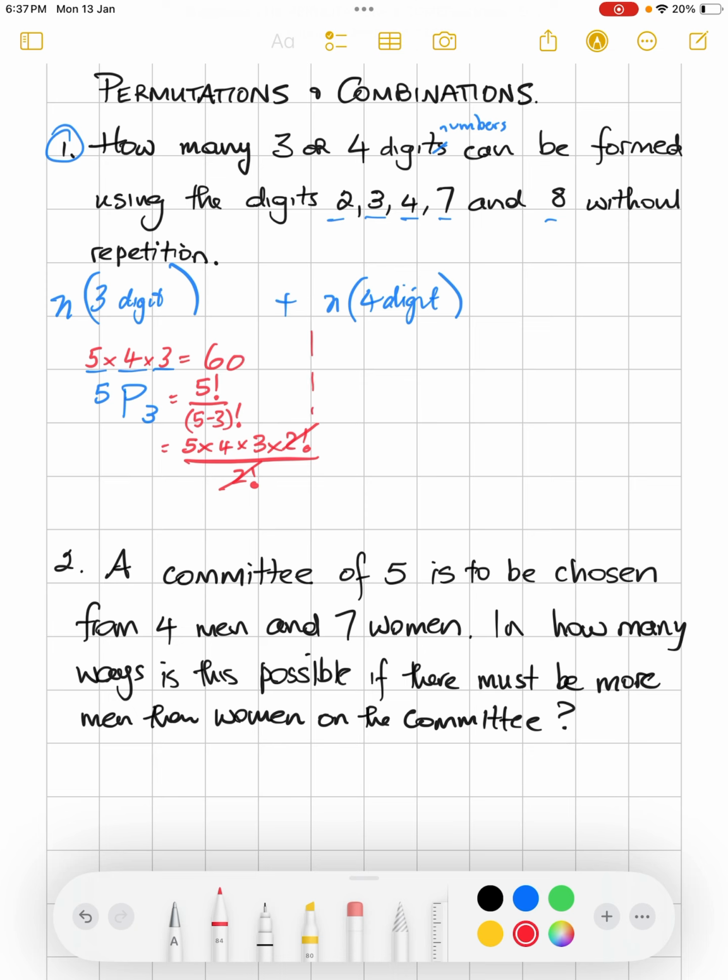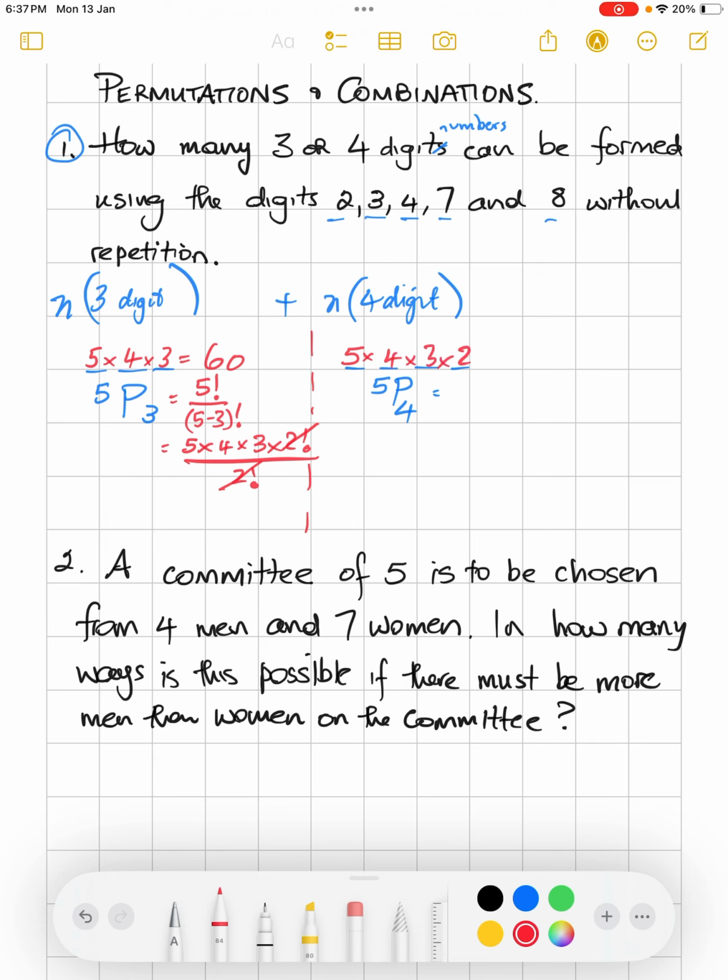Let's look at 4 digits. Well, we've got 4 positions, and from 5 numbers, we want permutations 4 at a time. And this is, we've got 5 numbers for the first, 4 for the second, 3 for the third, and 2 for the fourth.